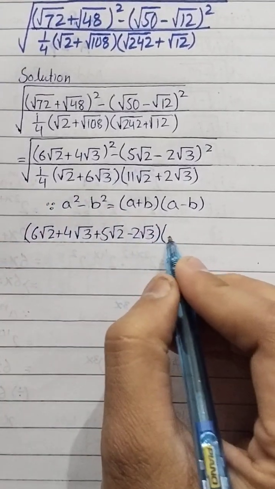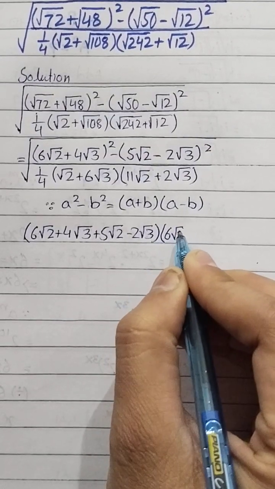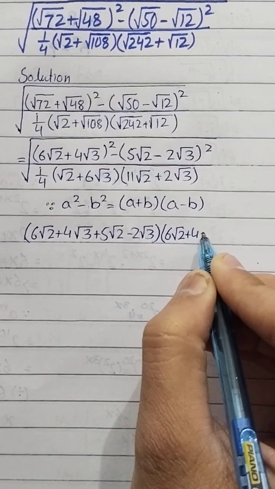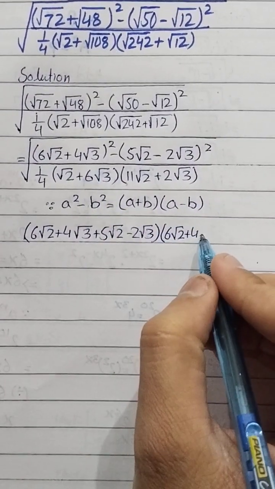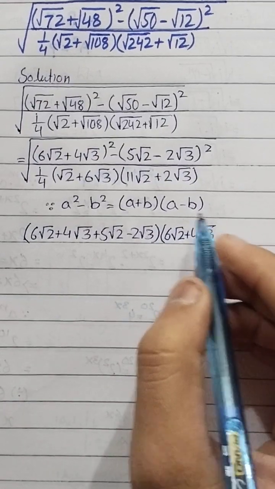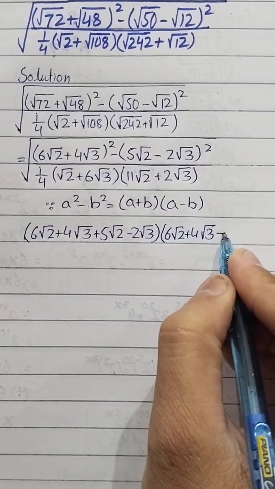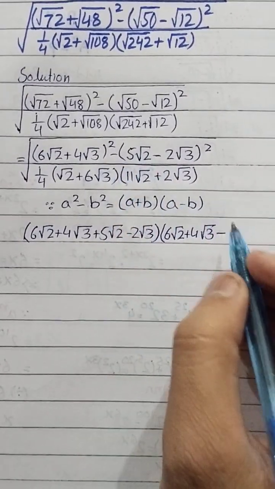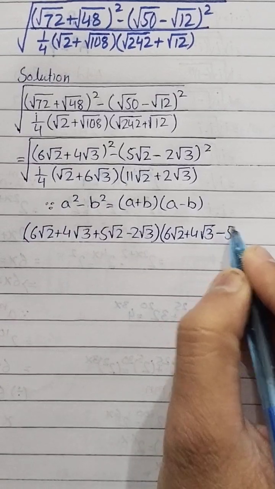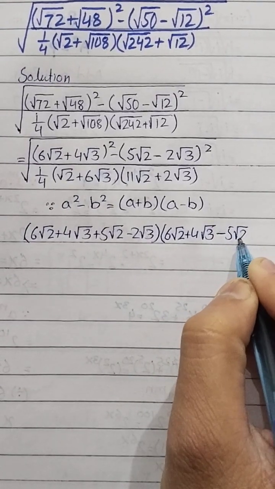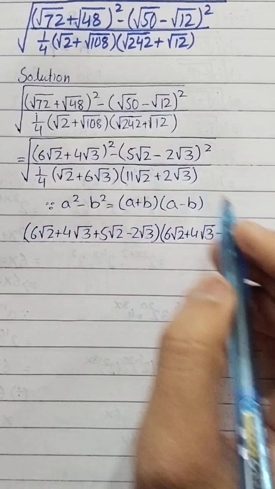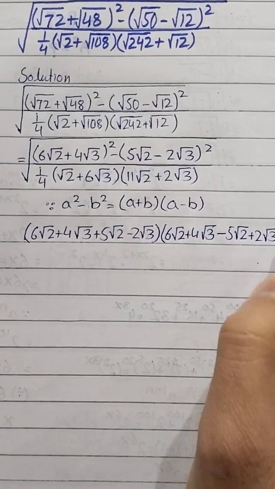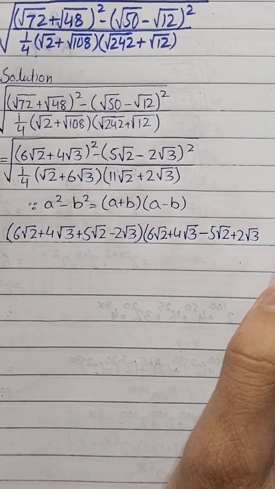What will I write? 6 under root 2 plus 4 under root 3. Now minus, and this minus sign will change these symbols. This is plus 5 under root 2, it will now be minus 5 under root 2, and this is minus 2 under root 3, it will now be plus 2 under root 3, like this.